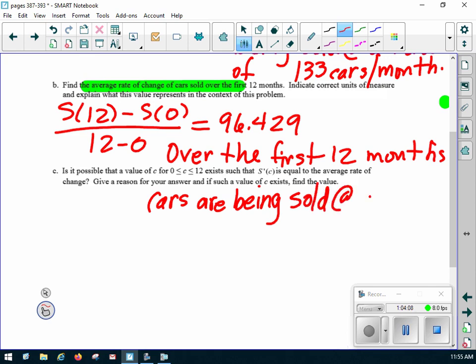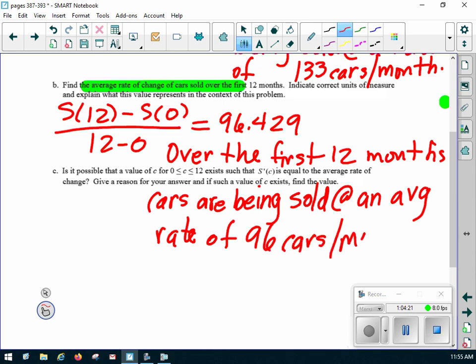So let's word it this way, Ava. Cars are being sold at an average rate of 96 cars per month.